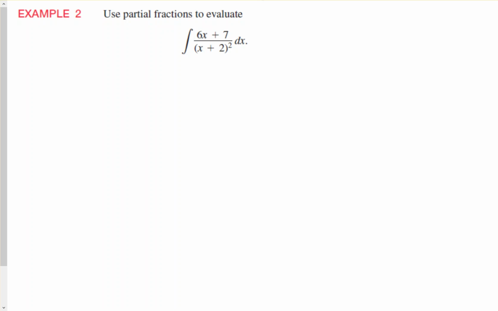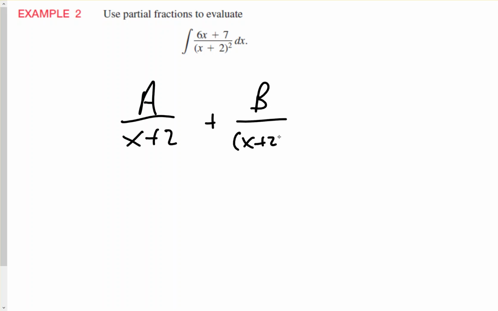Now, anytime you have the denominator raised to a power, you want to set up one fraction as if it's not raised to any power, as if it's just a plain x plus 2. But then you also have to add in another fraction for the next power up, x plus 2 squared.